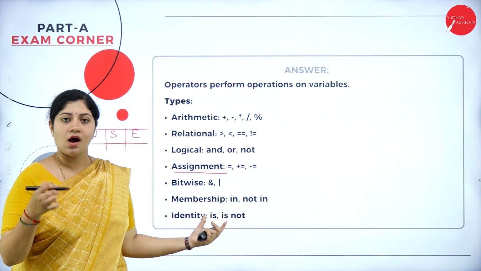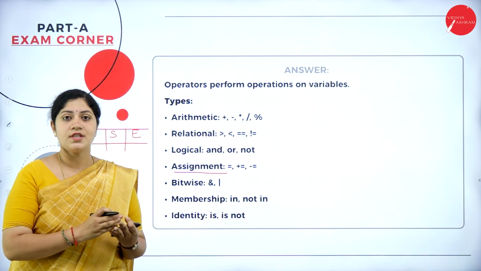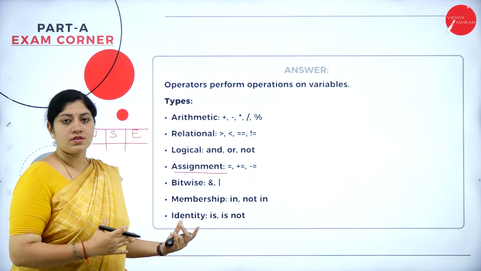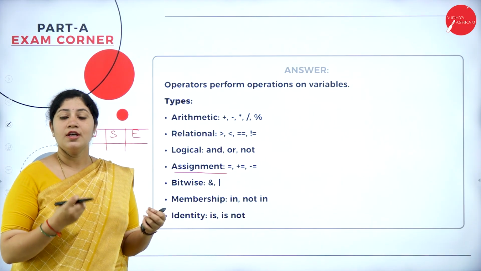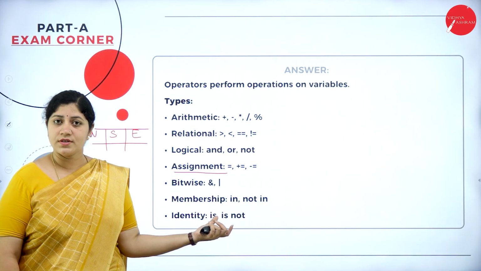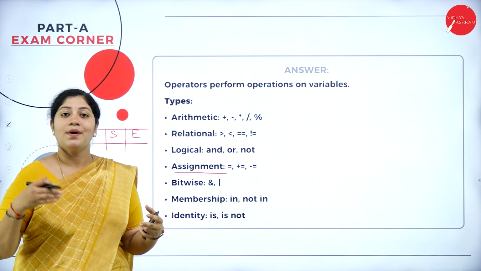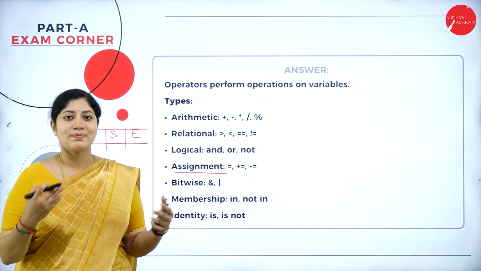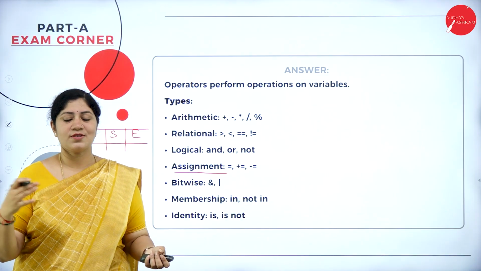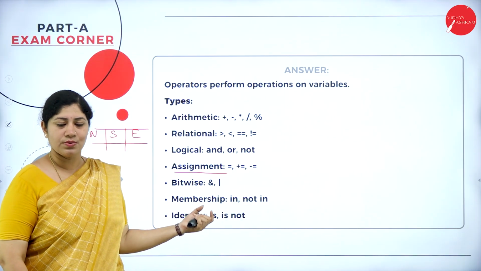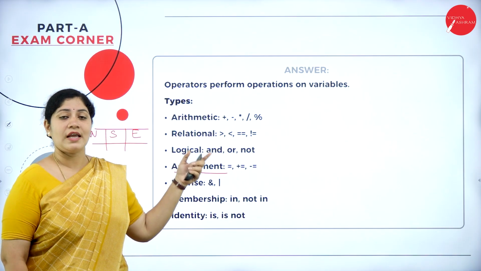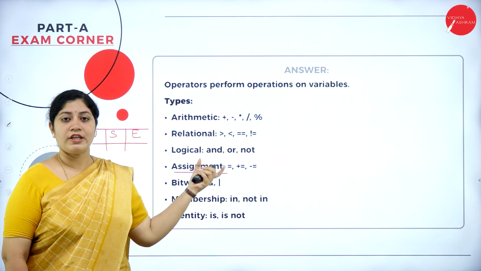Whenever we are defining the identity of a variable, we will directly go with this identity operator by using is or is not. Great. The next operator is the membership operator, where we will check the membership of the variables by utilizing in or not in. So these are the various types of operators, and please be sure to write the examples for each and everything.